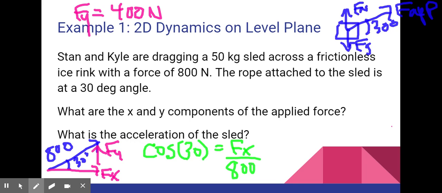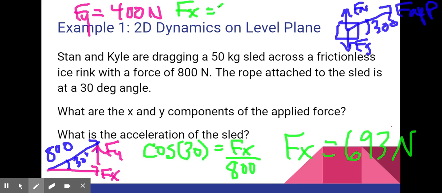So that gives us f of x is equal to cosine of 30 times 800. If I do 800 times cosine of 30 on my calculator here, f of x is equal to 693 newtons. So f of x is 693 newtons.